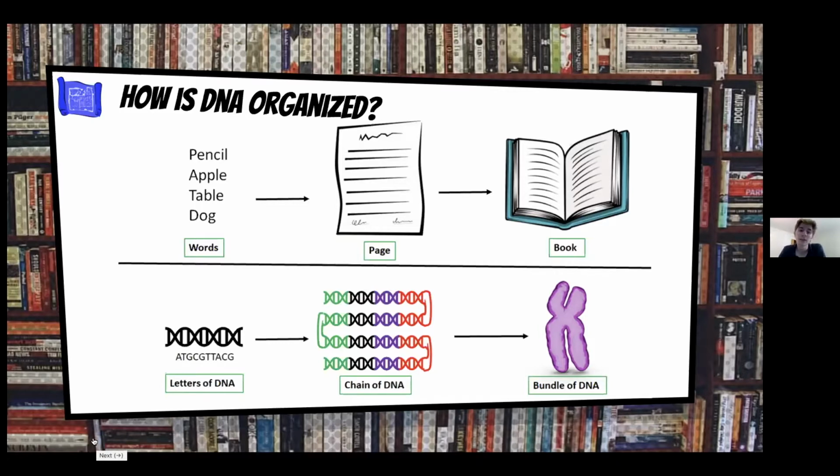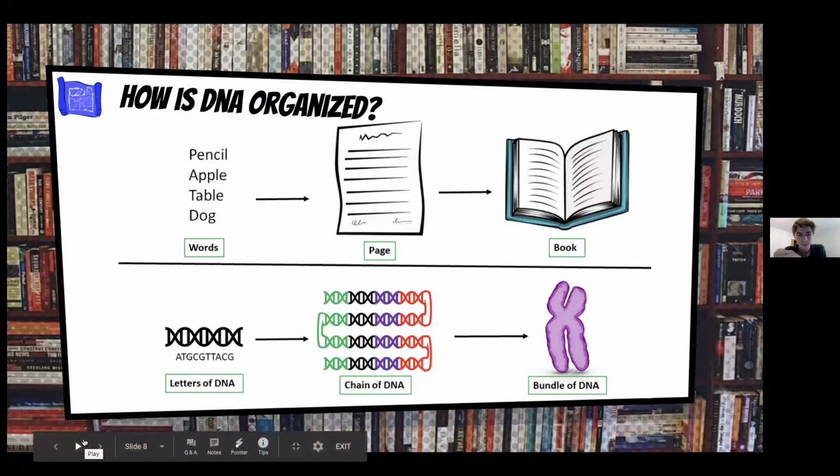And if we take a bunch of those chains of DNA and create one very long chain, and we bundle it, we can create something like a book. That's shown on the bottom right here. A bundle of DNA is much like a book, in that it contains a lot of information that's organized in a very specific way. So we can think of cells as containing a bunch of books, or bundles of DNA, that contain all of the information that it needs to grow and develop.